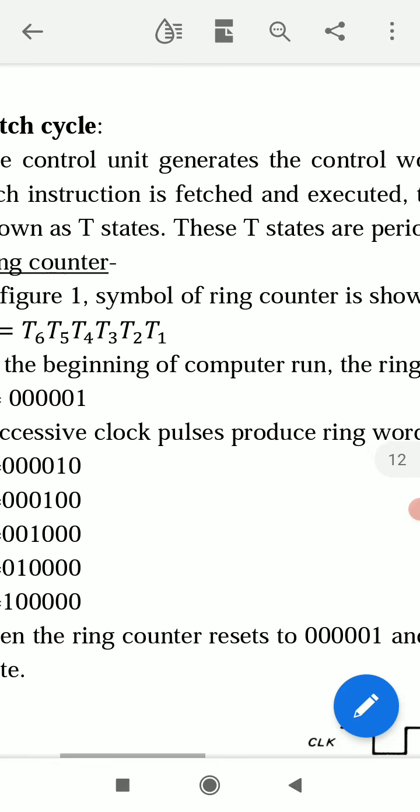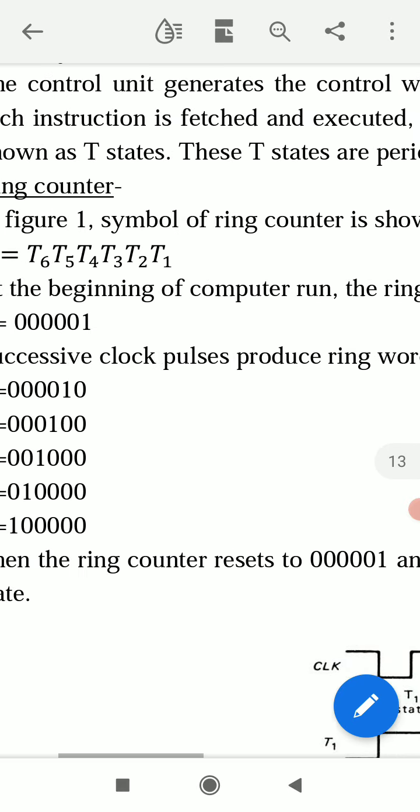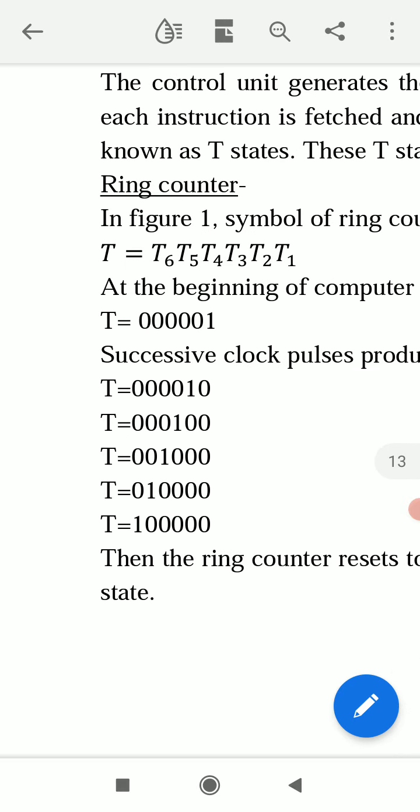At the beginning of computer run, the ring word is T equal to 000001. That is, T1 is 1 and T2, T3, T4, T5, T6, all other bits are 0.